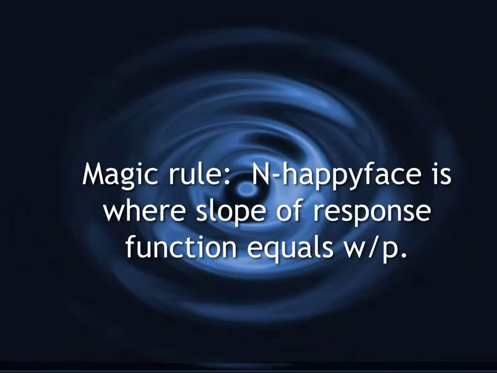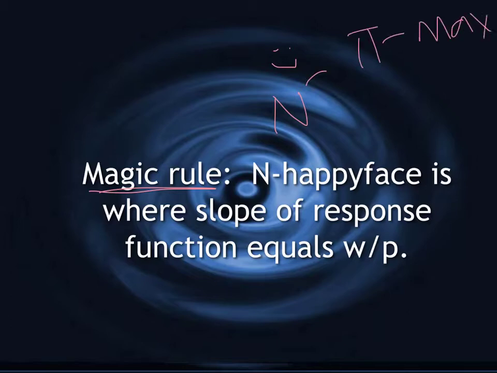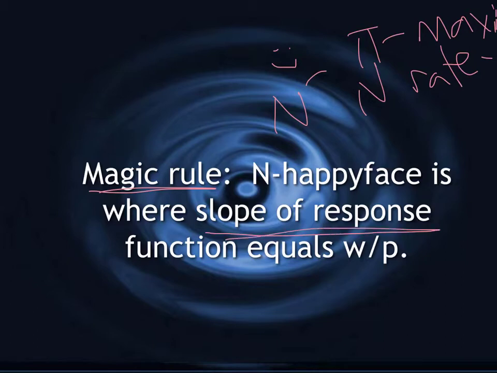Okay. Magic rule. If we call N happy face the economically optimal, profit maximizing nitrogen rate, then N happy face is where the slope of the response function equals W over P, which is the ratio of the prices.